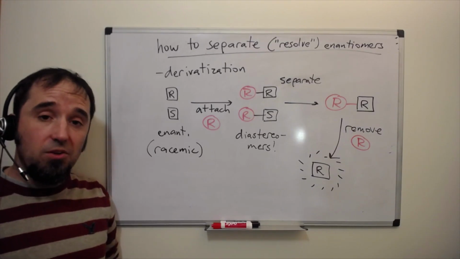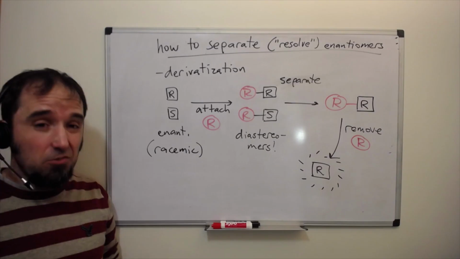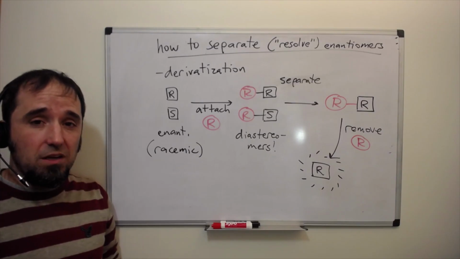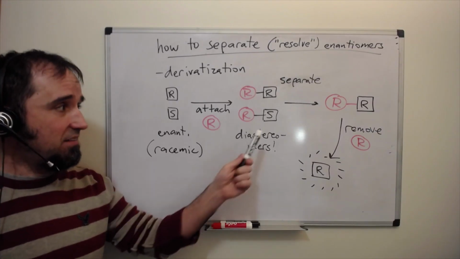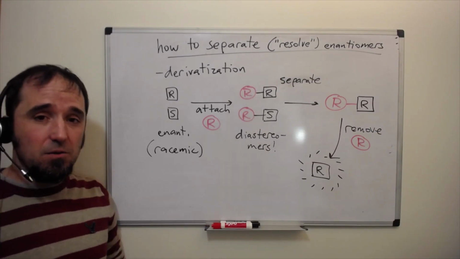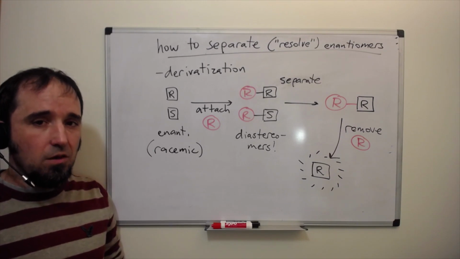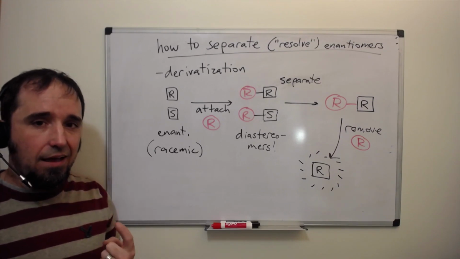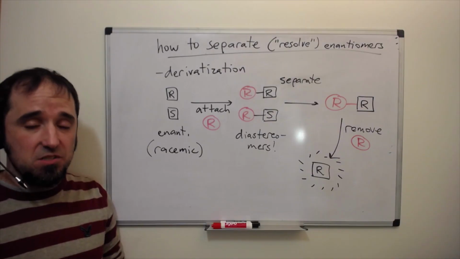Okay, so there are pros and cons to this approach. The pro is that it generally works. We can generally find chiral things like this pretty cheap that give us a good way to separate diastereomers, so it's pretty straightforward. There are a lot of cons though. One con is that the maximum yield from my racemic mixture is 50%.